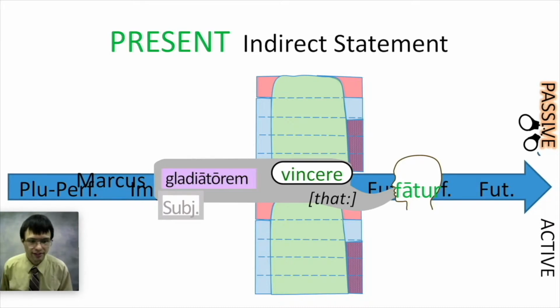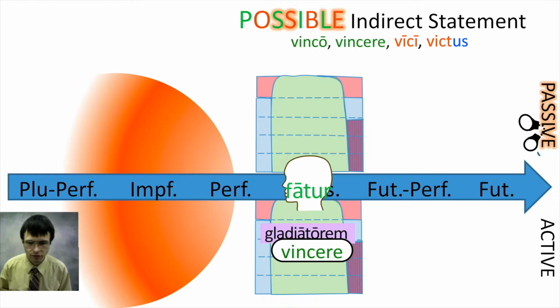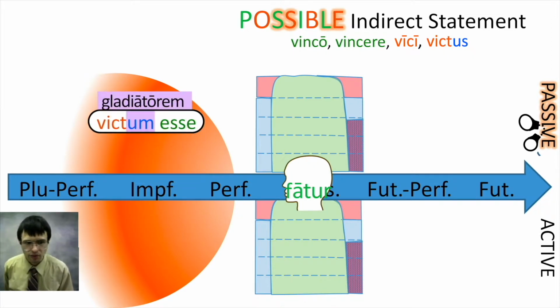So then let's take stock of all the indirect statements we can make with all our different kinds of infinitives. So Marcus confesses the gladiator to win was a present active infinitive. In the past, we had the perfect active infinitive. He confesses the gladiator to have won. Then we have the perfect passive. He confesses the gladiator to be conquered or to have been conquered.